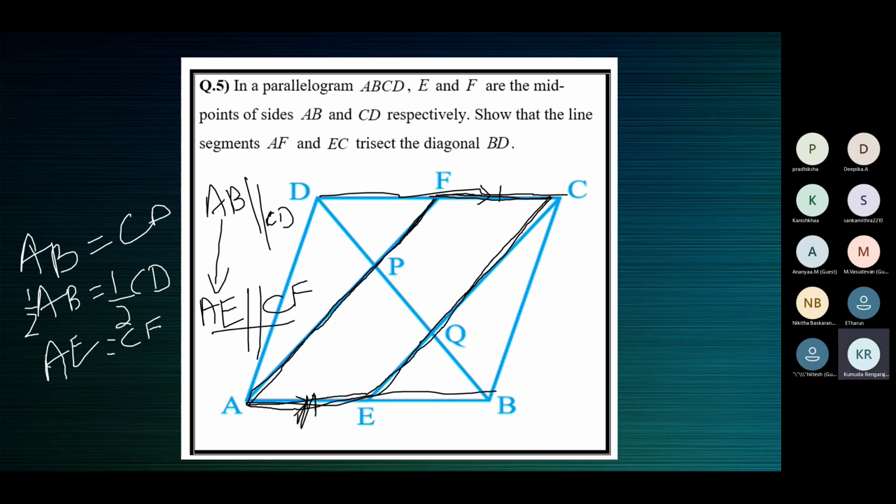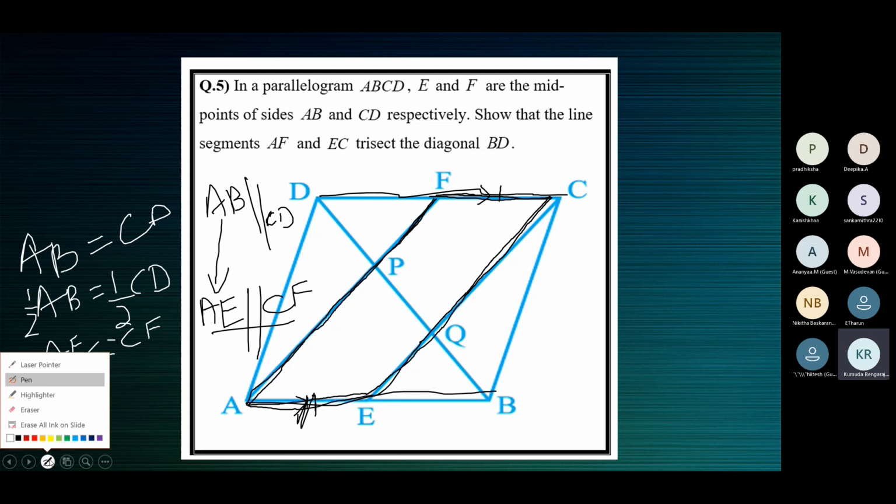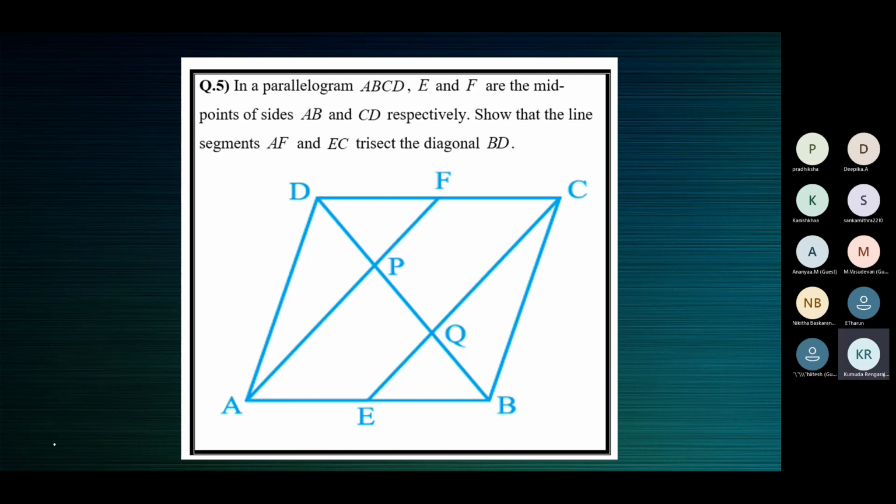So like this, we prove that one pair of opposite sides of quadrilateral AECF is parallel and equal. Therefore, AECF is a parallelogram. Who can repeat this? One of you please repeat this.